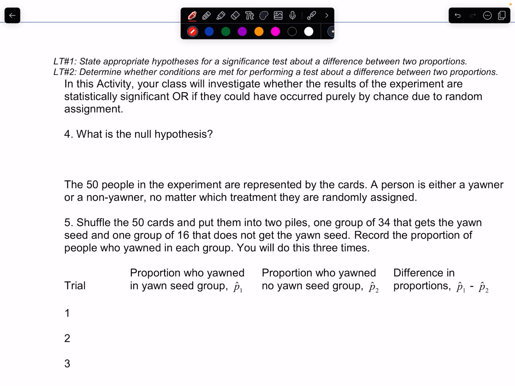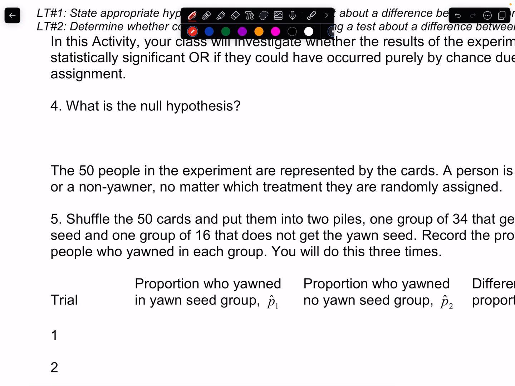These are your notes. But we're going to investigate whether those results are actually statistically significant, or could they have just been random. Okay, so question 4, what is the null hypothesis? So our null hypothesis is that p1 minus p2, the true proportions, are 0.